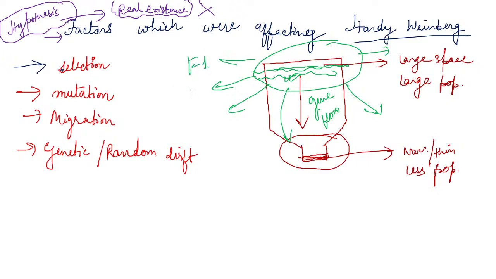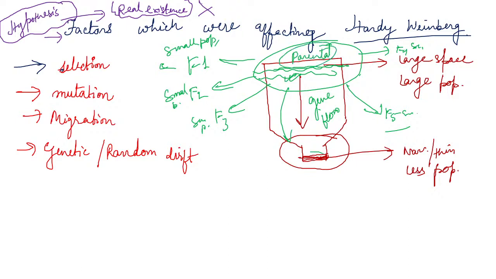This is family 1, this is family 2, family 3, and each and every family is constituting a small population. This one is another small population, this one is another small population. So everyone is constituting a small population. And what happened to this parental population?